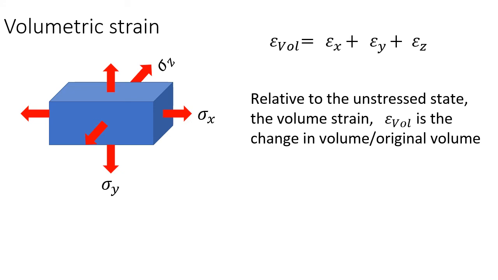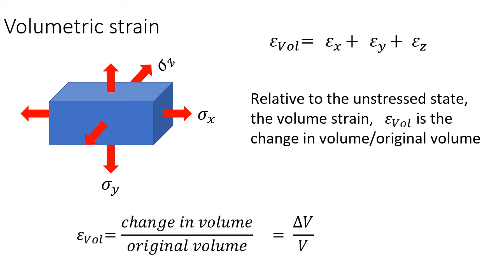So each of the strains in the x, y, and z directions, if we add those together, we'll get a total change in volume of this component. And just as we do with strain in the x, y, or z directions, where strain is change in length over original length, we can do the same thing for volume.